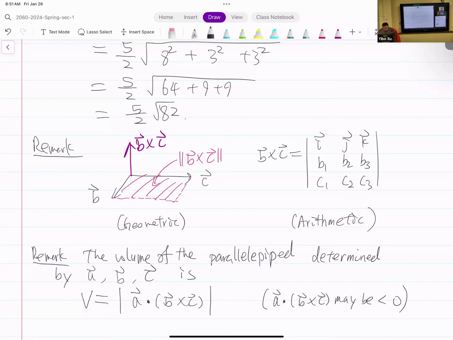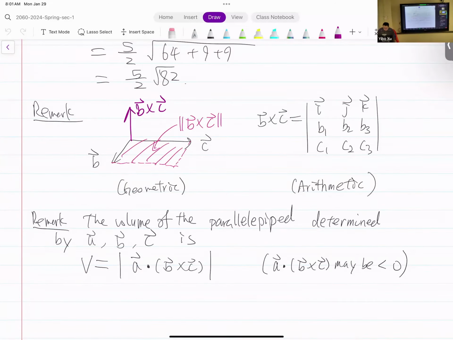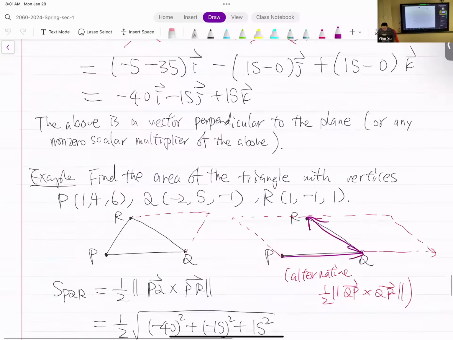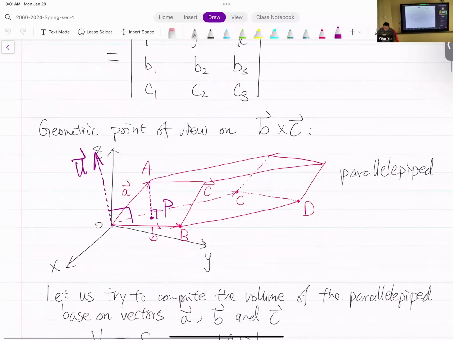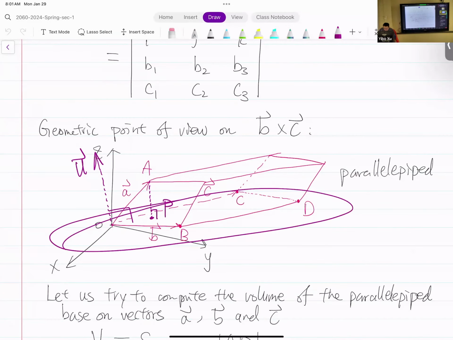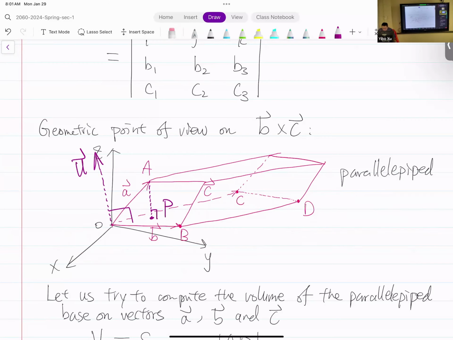Okay. So if you quickly go back to the beginning of the section, what do we have? We have 3 vectors. B and C are forming the base parallelogram, and then the vector A is just pointing outside of that plane. So what we wanted is that the vector U, which is perpendicular to the base.